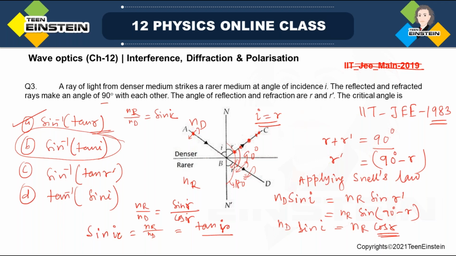So if I and r are equal, these two options are the same actually. I don't know why this has happened. Anyway, we have understood this.